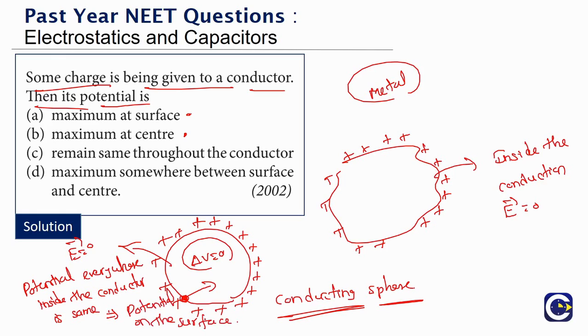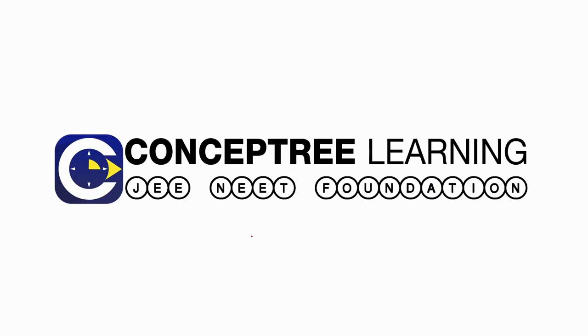So what is the correct answer? The potential will remain the same throughout the conductor. This is true not only for a spherical conductor but for any random shaped conductor. So this is about this part of the video, and we'll see the rest in the next part.